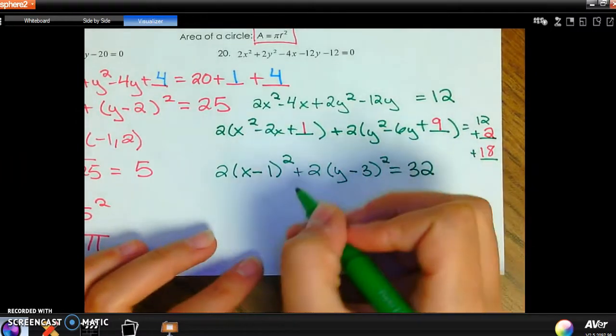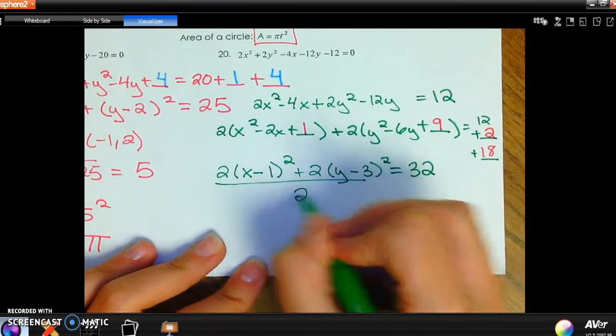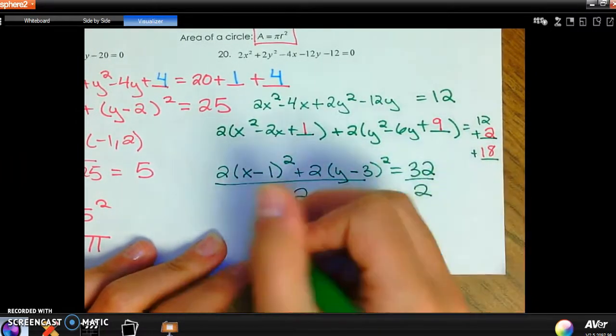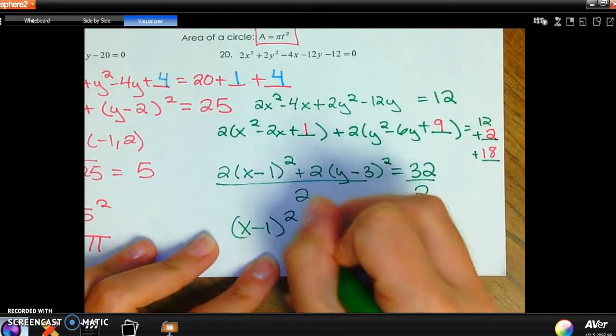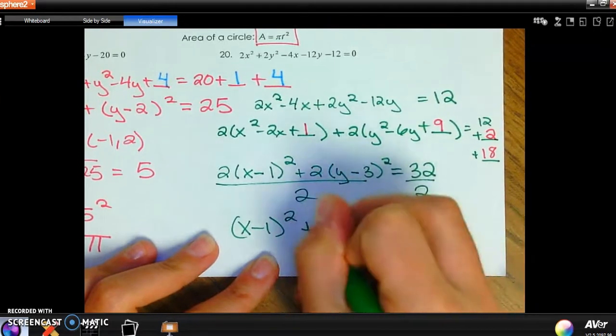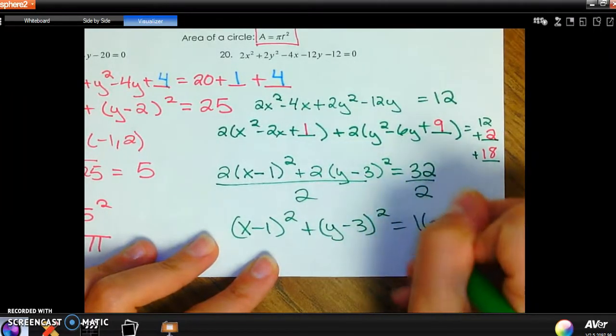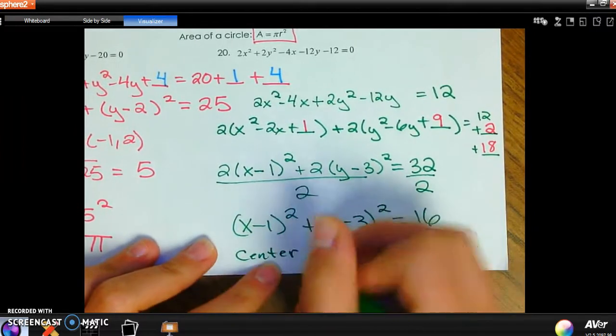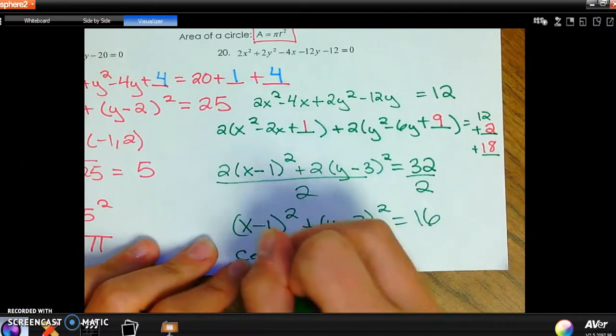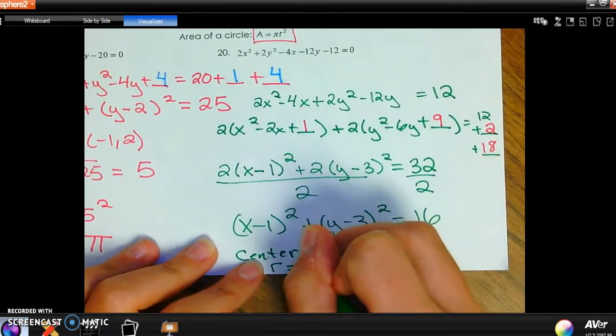So now I divide this by 2, divide that by 2. So then you get x minus 1 quantity squared plus y minus 3 quantity squared equals 16. So this is a circle with a center at 1, 3, and a radius of 4.